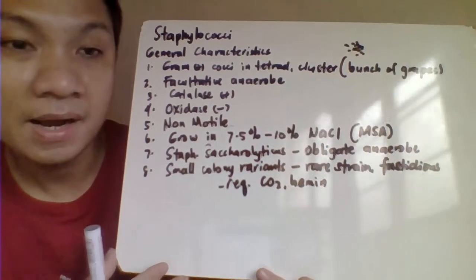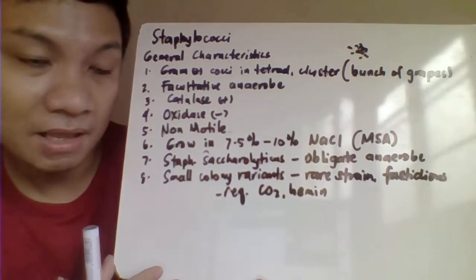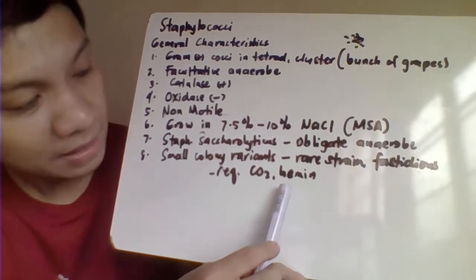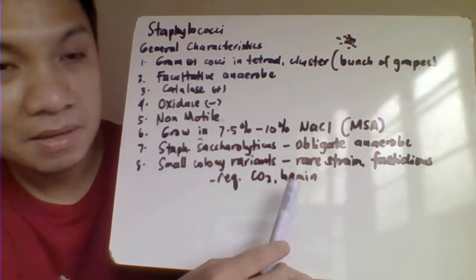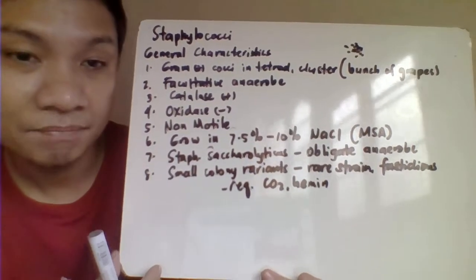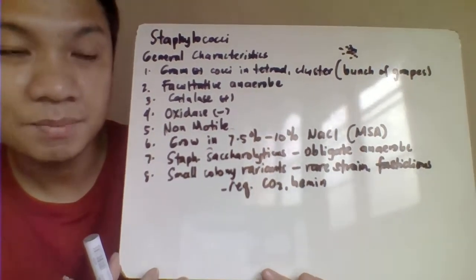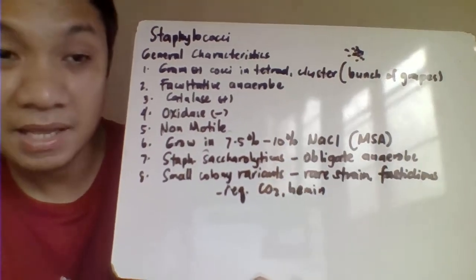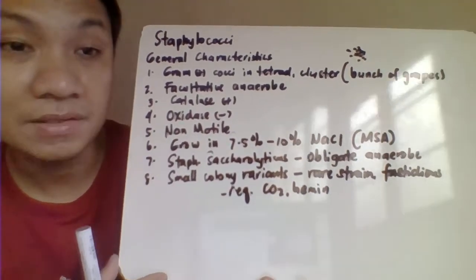They require an additional growth requirement, for example carbon dioxide, or even hemin that represents blood. So those are the special requirements, carbon dioxide and hemin, making that a fastidious strain of Staphylococci.